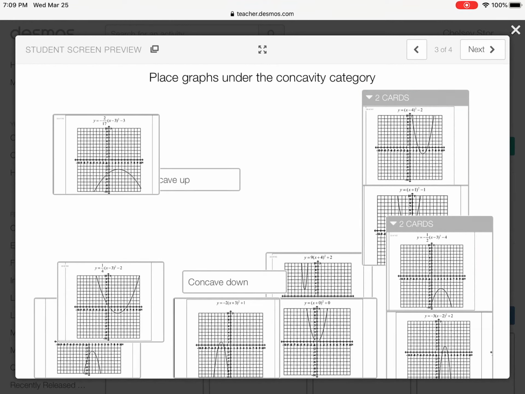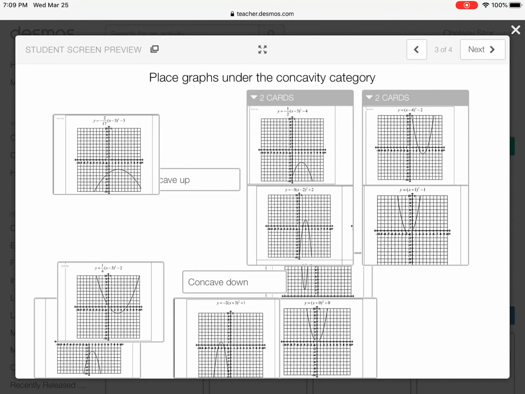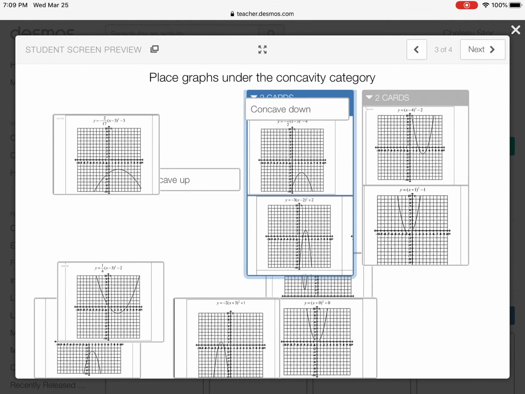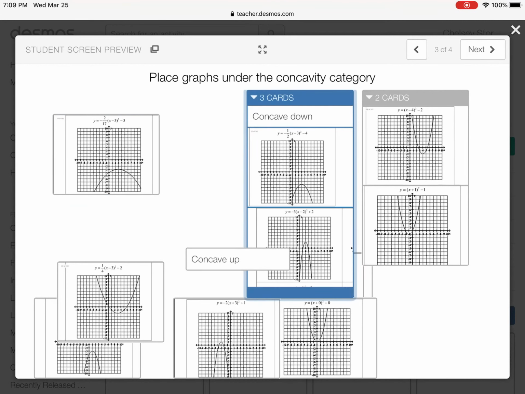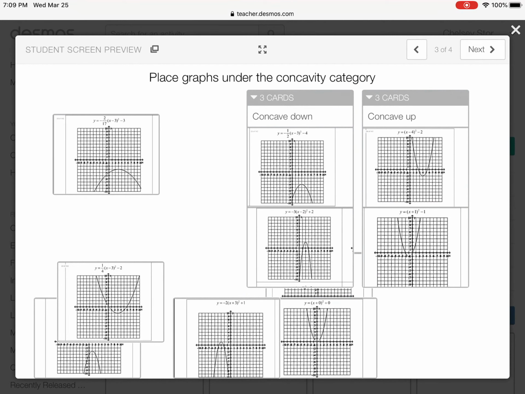So now notice this has started to freak me out. Like it's a little unorganized, it's freaking me out a little bit. So what I'm doing is I'm moving the cards around to make things helpful for me as I go. Oh, I see categories. So there's my words. The down goes with the ones facing down. The up goes with the ones facing up.